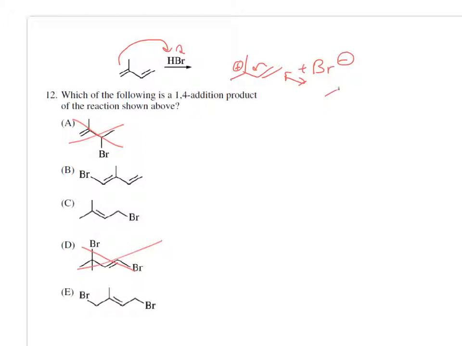So we draw a resonance structure and we get this. Not as stable, but certainly still a cation that can undergo resonance. And so then the product becomes that. And we see that with C in this case. So C has one alkene that's moved to the middle of the 4 carbon chain and the bromine on the end.